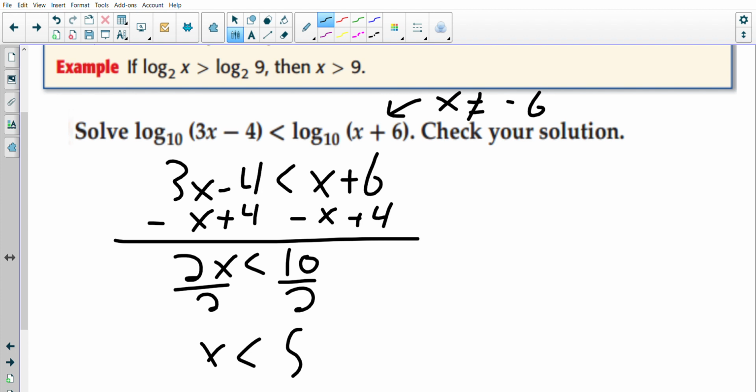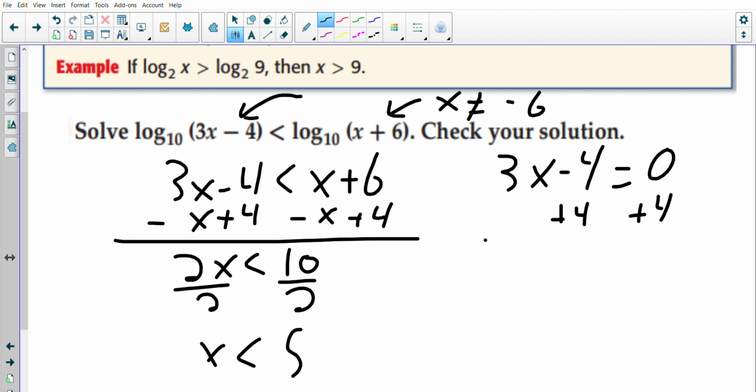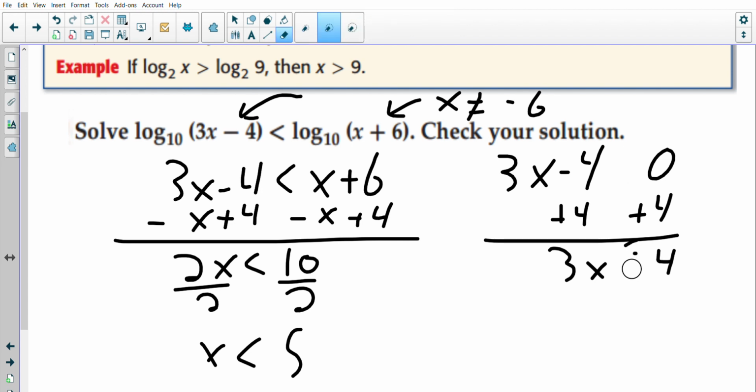But for this one, think of 3x minus 4 equal to 0. Add 4 to both sides: 3x is equal to 4. Now let's not say equal to, let's say less than, because if it's less than 0, it becomes negative, and we can't have that. So I'm going to divide by 3.